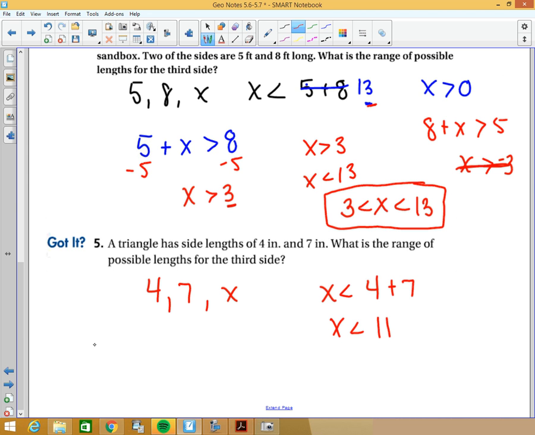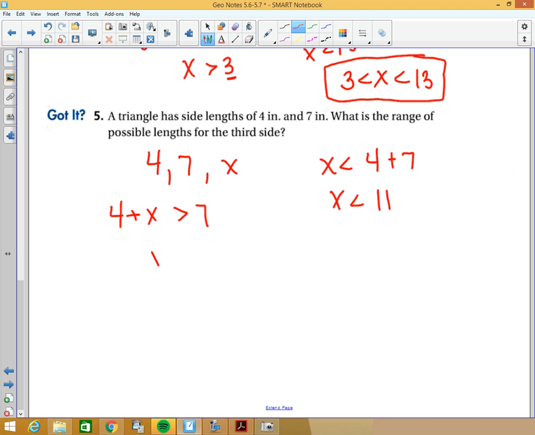My next statement is 4 plus x has to be greater than 7. If I subtract, x has to be greater than 3. So what's my range for x? 3 and 11.